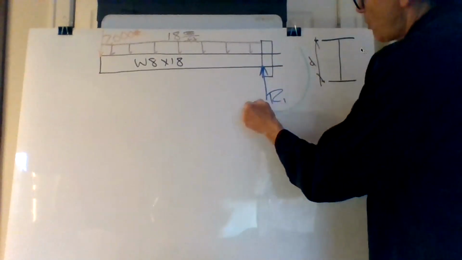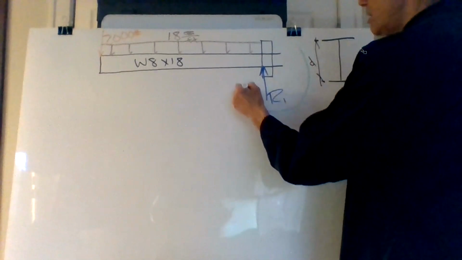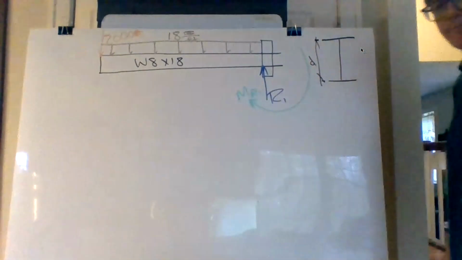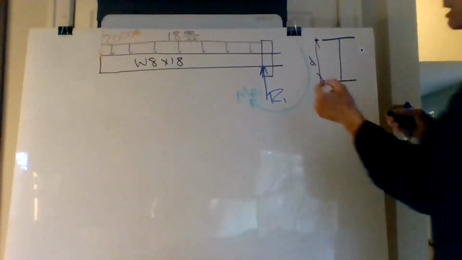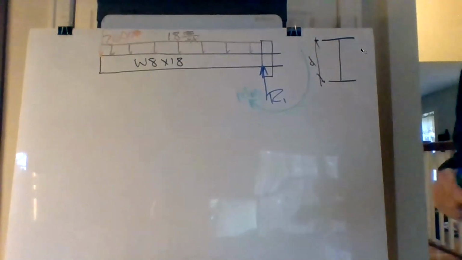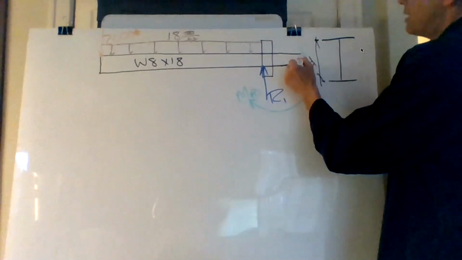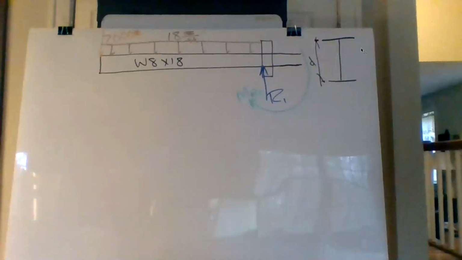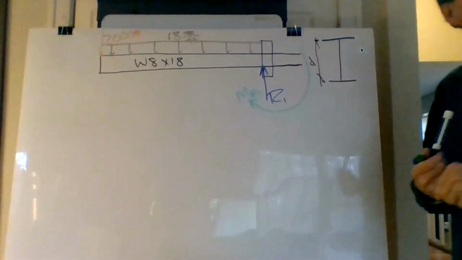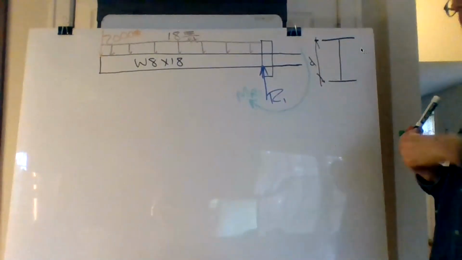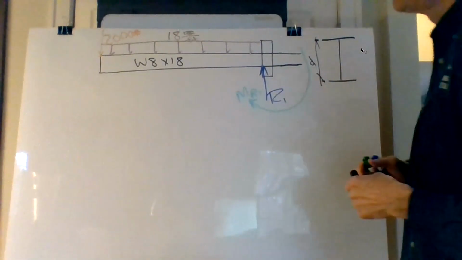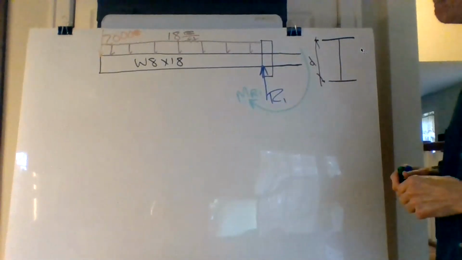It has a built-in moment. This is the moment at R1. In other words, like my balcony, this thing is socketed into the wall, right? It's like a power pole, only now, instead of socketed into the ground vertically, it's horizontal, if you will. Okay?